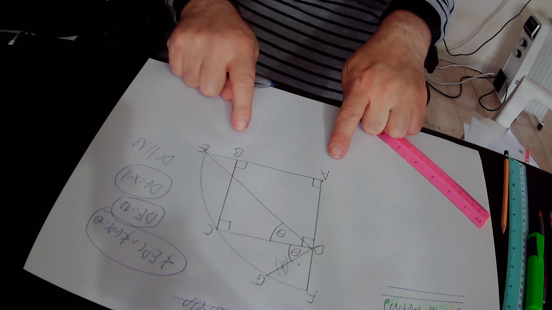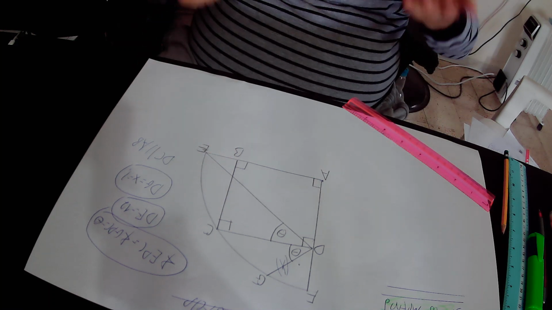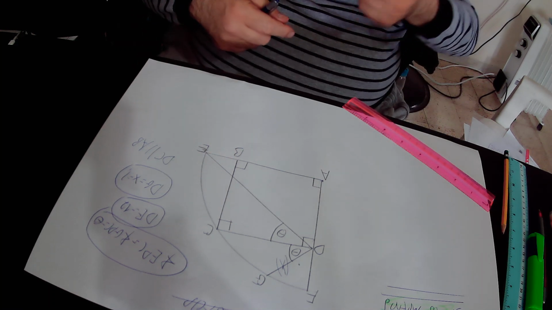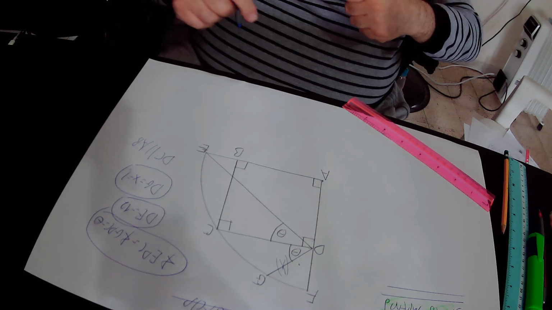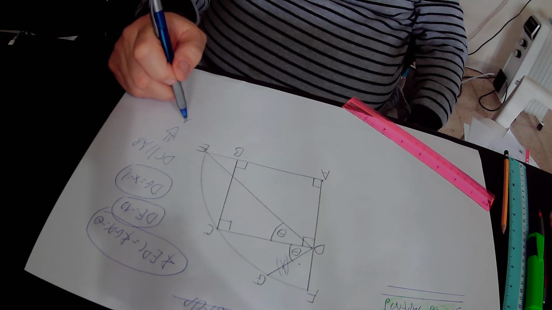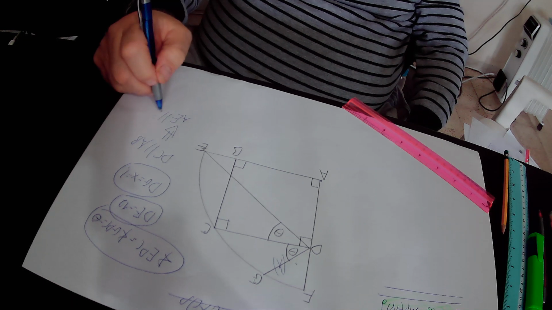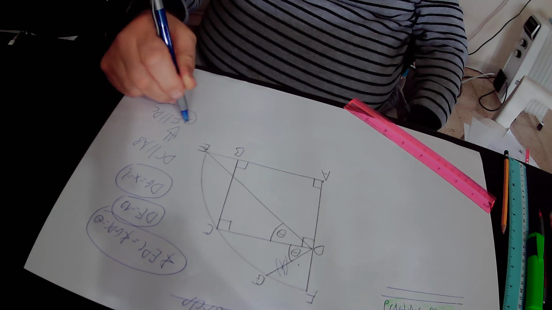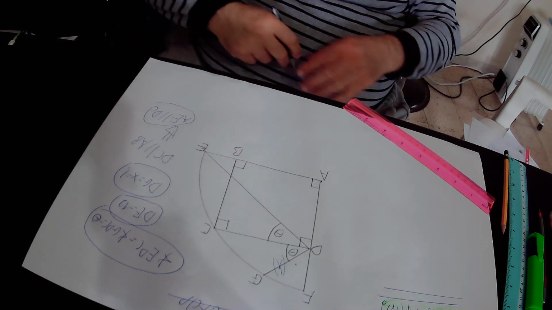If part of a straight line is parallel to another straight line, then the straight line itself must also be parallel to the other straight line. Therefore, AE must also be parallel to DC.